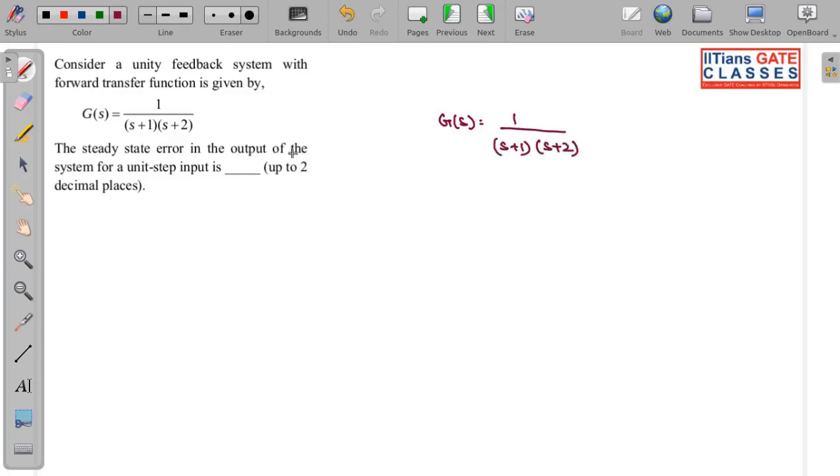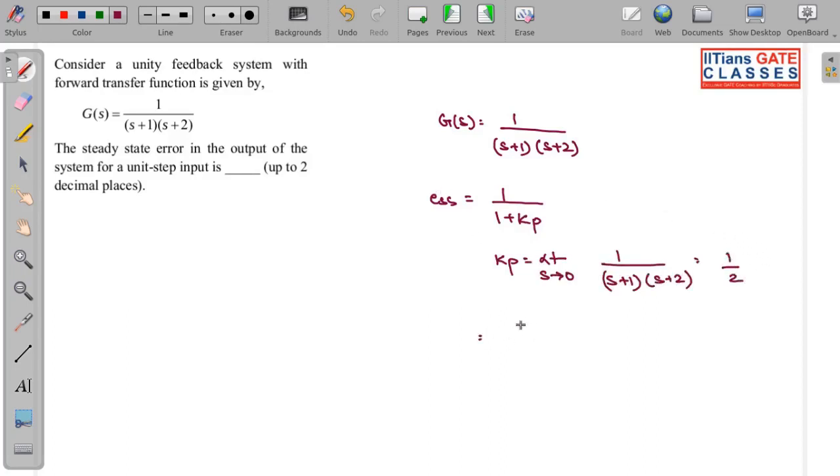So for unit step input, we know ESS is equal to 1 by (1 plus Kp). Kp is equal to limit S tends to 0 of G(S), so Kp comes out to be half.